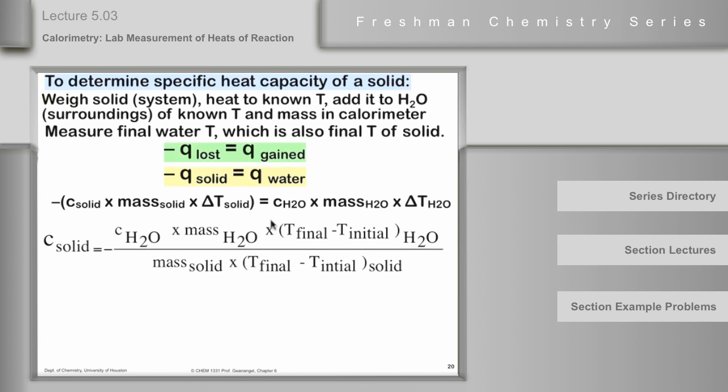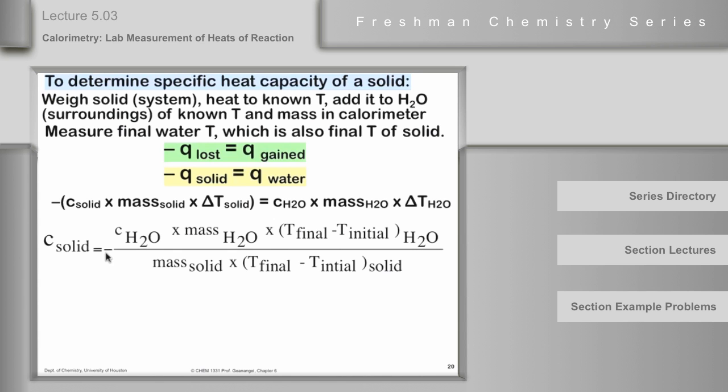But there is a negative sign right here, and I don't want you to forget that. Very important that you remember that negative sign is there. C of the solid is equal to minus C of the water times the mass of the water times delta T of the water divided by the mass of the solid times T final minus T initial, delta T of the solid.